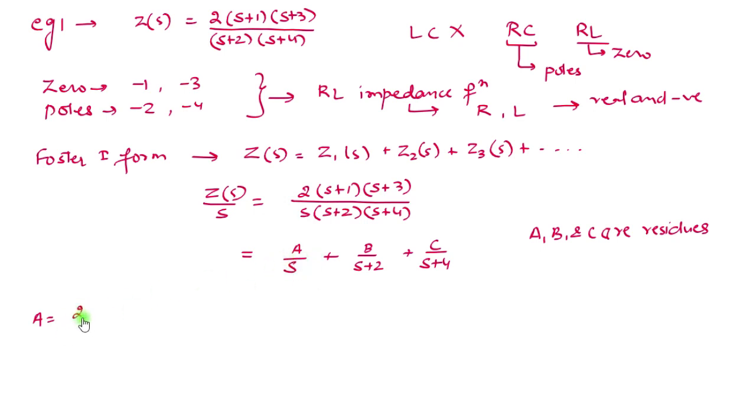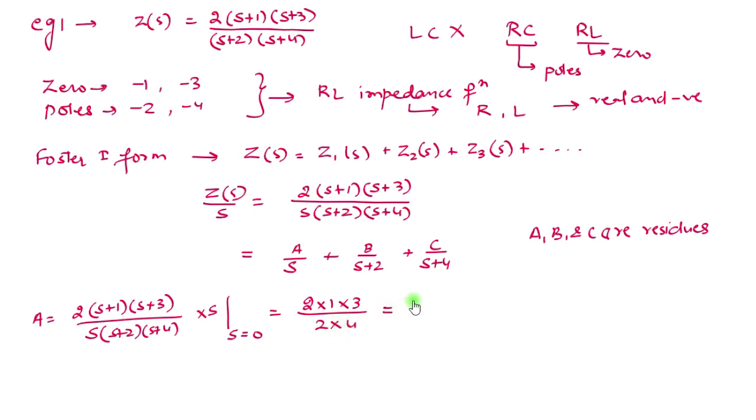So I will multiply 2(s plus 1)(s plus 3) divided by s(s plus 2)(s plus 4) with s, and I will substitute s equal to 0. So this s and this s will cancel out, and on substituting s equal to 0, I will get 2 into 1 into 3 divided by 2 into 4, and this will be equal to 3 by 4.